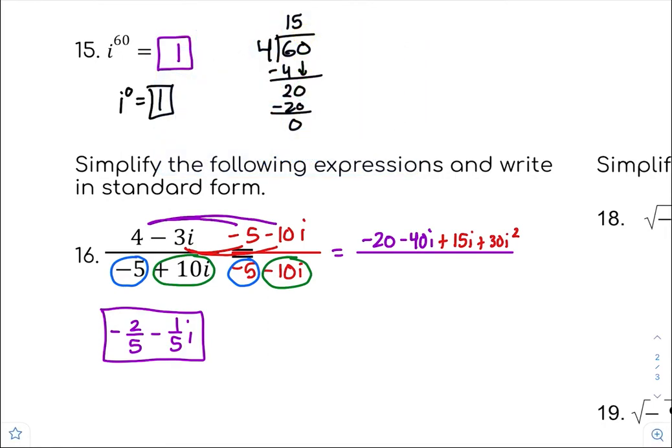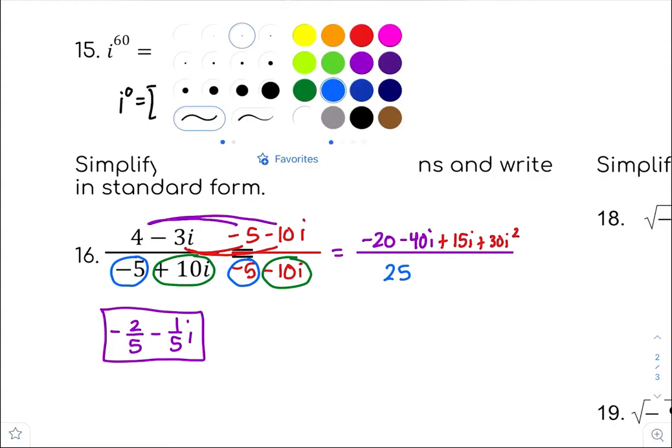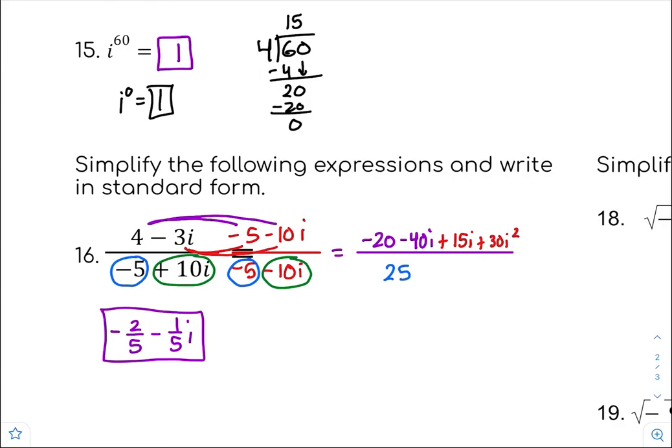Now the blue. Negative 5 times negative 5 is positive 25. 10i times negative 10i is negative 100 i to the second power. And both i to the seconds equal negative 1.